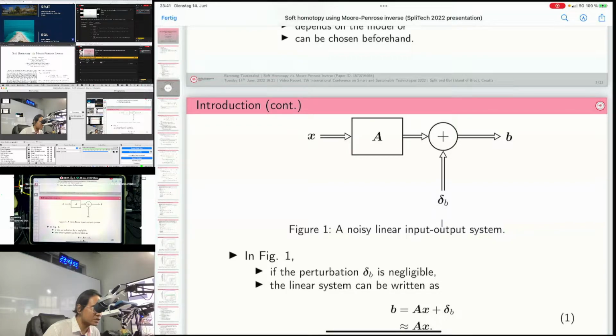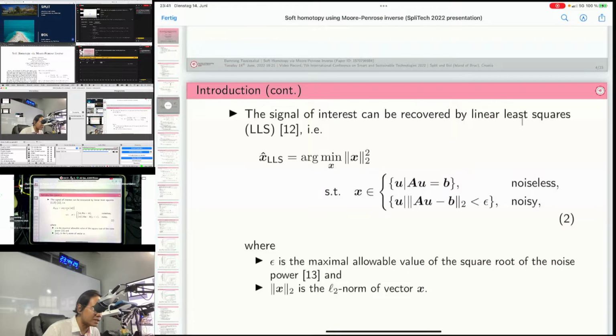The conventional method to recover the signal x, which might be sparse, meaning that some elements in this vector may be zeros, is called linear least squares, or simply least squares. It is a very well known and classical method. It can be used for both the noiseless case and the noisy case. It is based on the L2 norm.